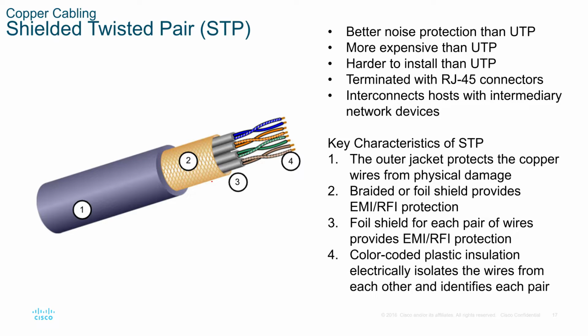And the color-coded plastic insulation electrically isolates the wires from each other and identifies each pair. There are many types of cable. You could have a cable that is meant to be buried, and within the jacket, the pairs of wire are surrounded by a silicone gel to prevent moisture and corrosion.